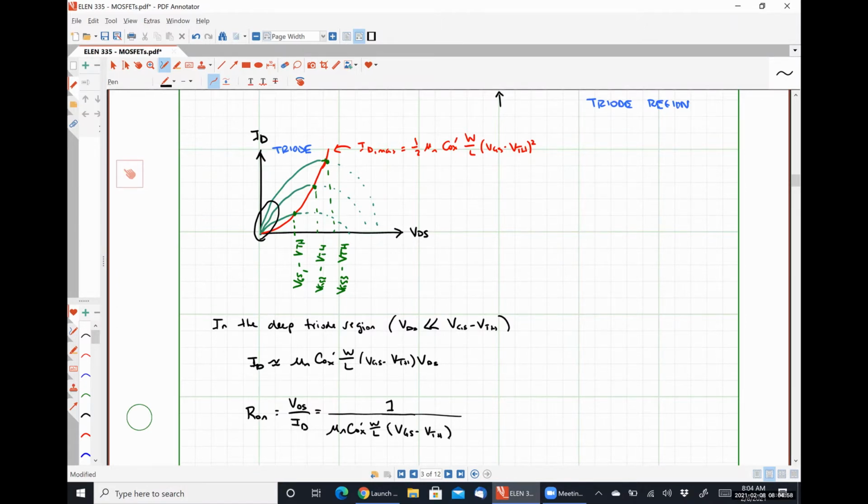So this is only valid in the deep triode region, but we now have a means by which to use a MOSFET transistor as a resistor.